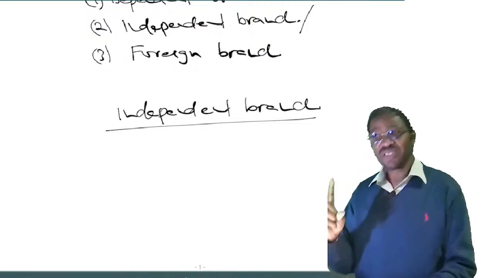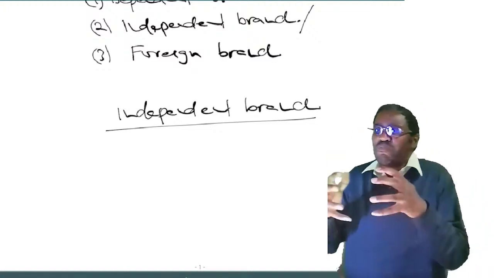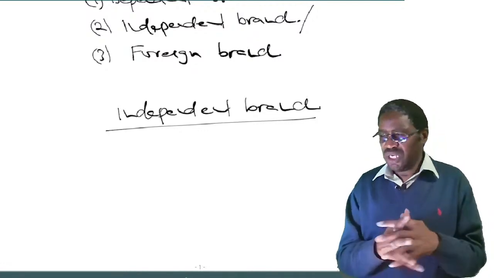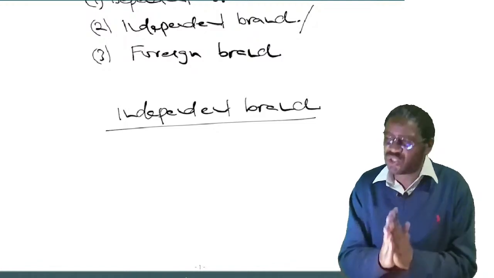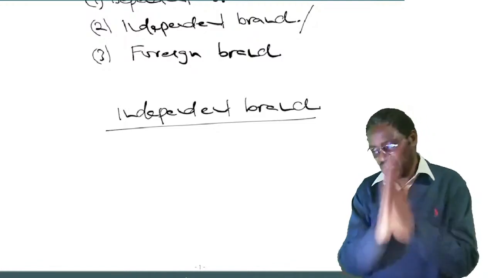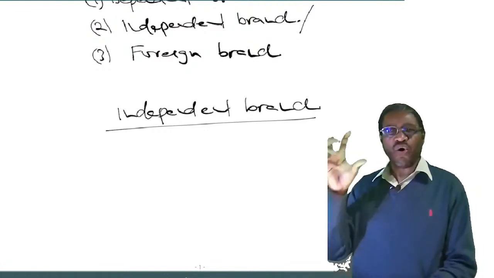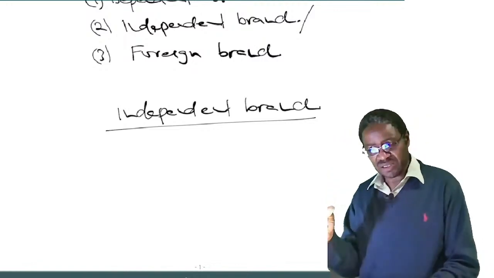The entity you look for is already established. It's only that you want them to sell some of your goods on your behalf in that region. So that entity is already an independent entity.